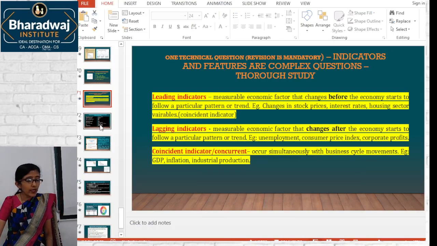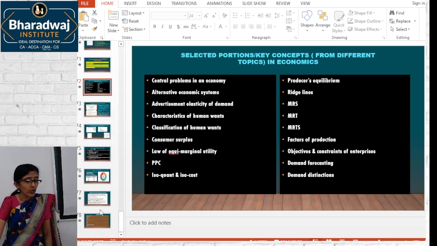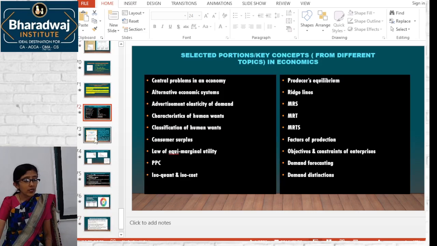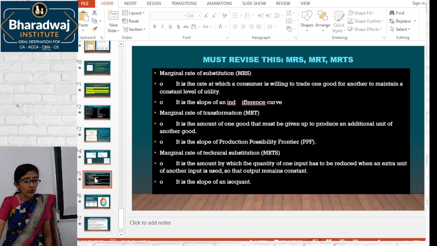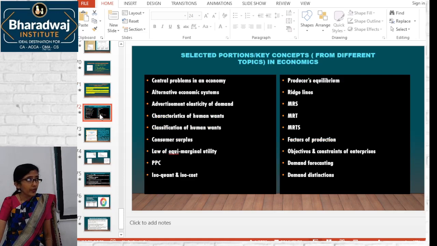So with this, actually the portions are over and the selected portion is what we have structured. I think we'll do this tomorrow. We'll go through this quickly. I want to go through this and test you on this. Or are you ready for today?